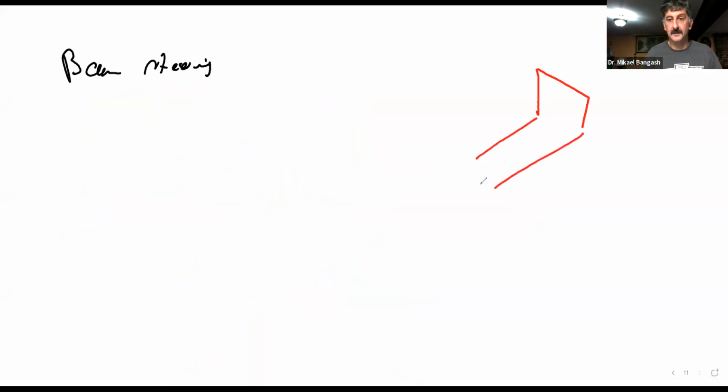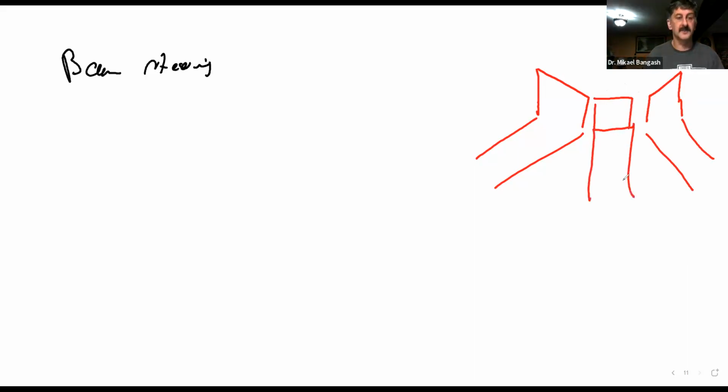Beam will be steered like this. This was the pattern of your electrical spike. Your beam will be steered like this. And if this was the pattern of your electrical spike, then the beam will be steered like this.